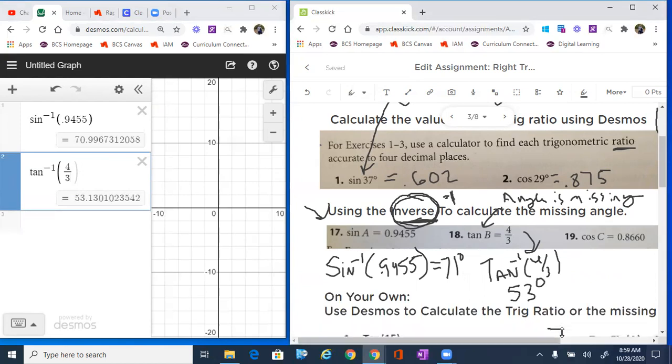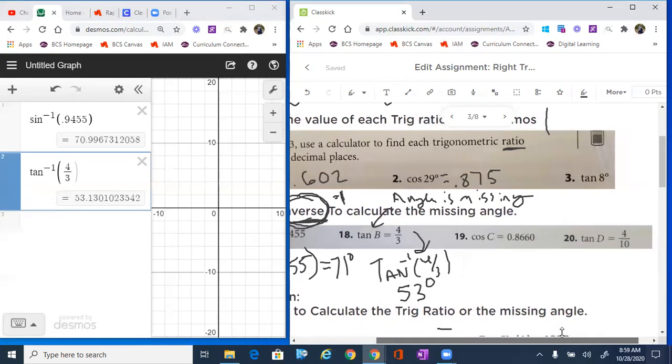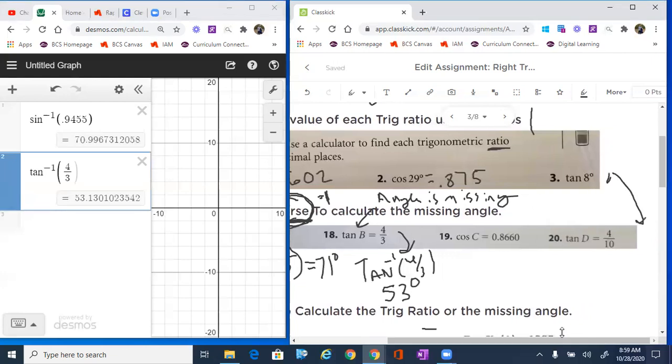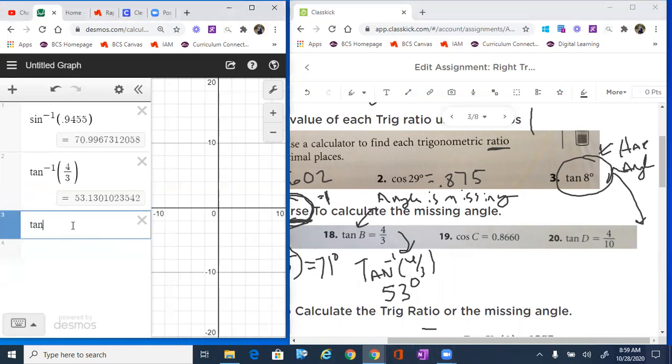Let's go ahead and look at this last one. I've got 2 that I'll just look at right here. If I'm looking at tan of 8, I have the angle. And because I have the angle, I literally just type it in as it is, tangent of 8, and that is 0.14.